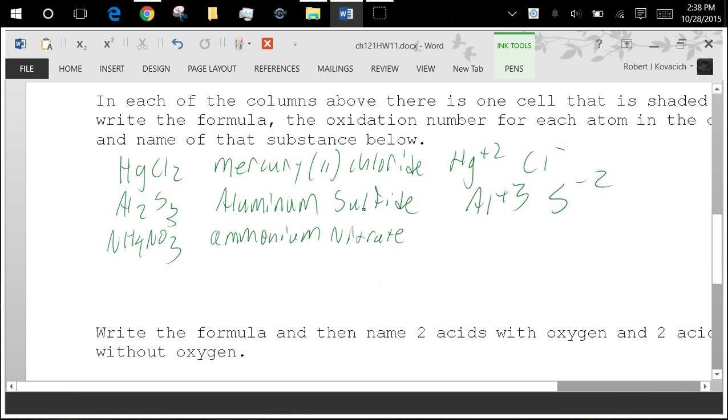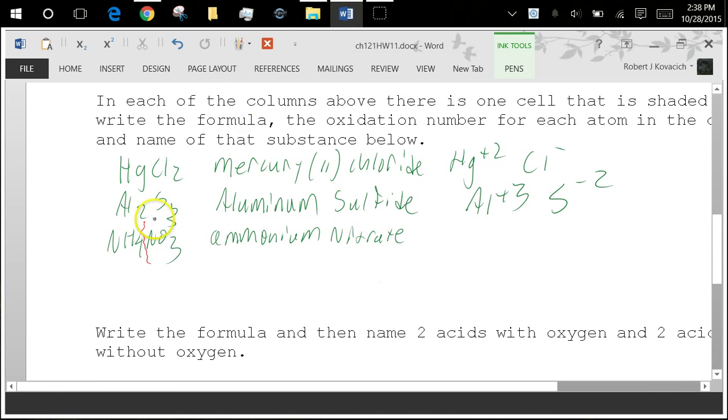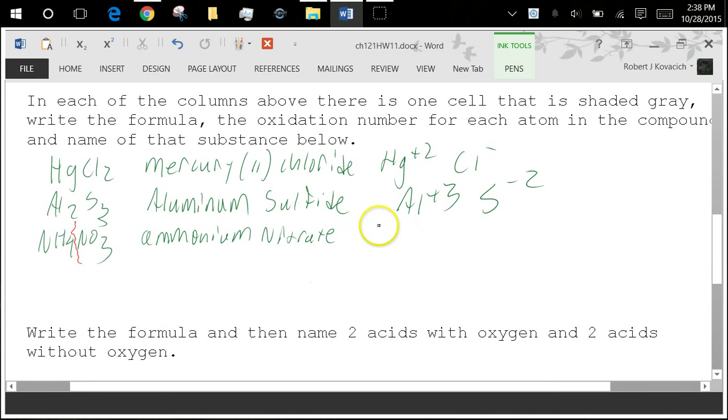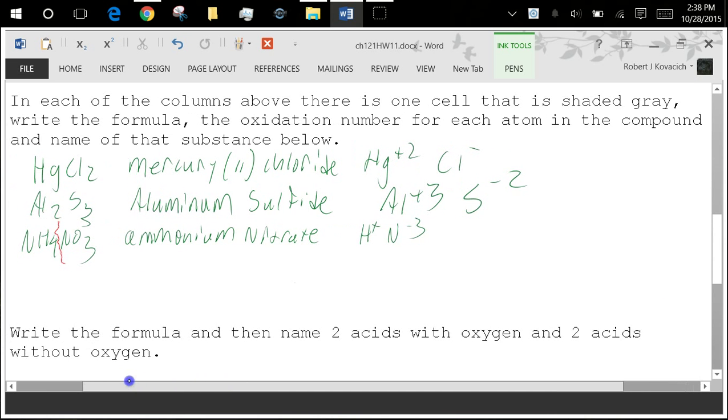And so inside of here, I'm going to go ahead and separate these guys into their constituent pieces. Makes it easier. So when I'm looking at this, I've got a hydrogen with a nonmetal. So the hydrogen is a plus charge. And that nitrogen that's with that is going to have to be an N-3 because the ammonium ion has a +1 overall charge.